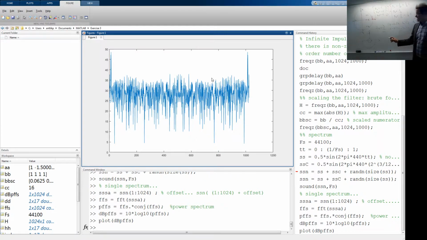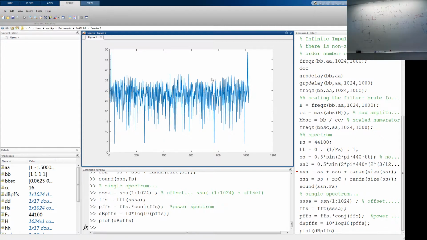But of course, this is still the same as the negative side. So our first half of it is actually the spectrum between 0 and the Nyquist frequency. The rest of it is just a mirror image on the other side of the Nyquist frequency.